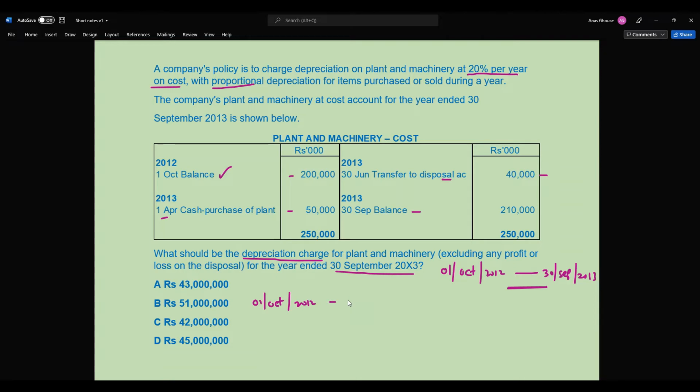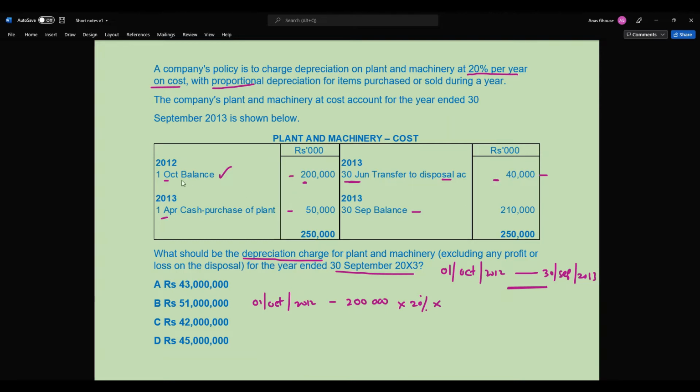What was the cost? 200 million. What is the depreciation rate? 20%. This asset was there from 1st October till 30th June. On 30th June, out of this 200 million, 40 million was disposed, transferred to the disposal account.